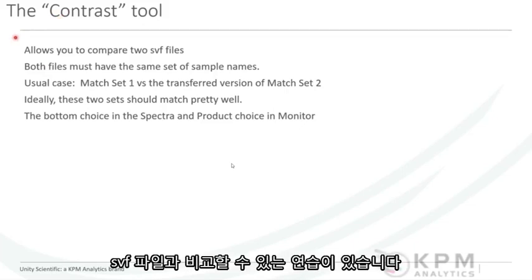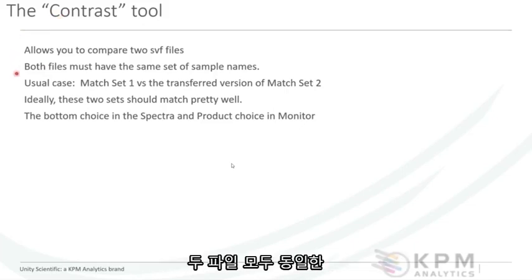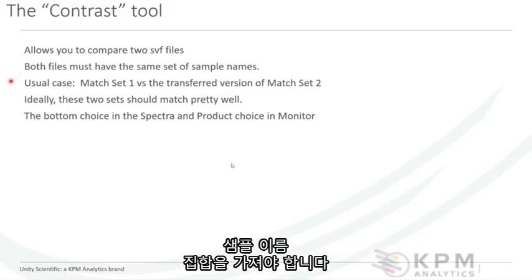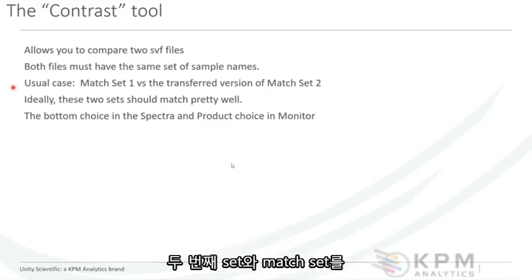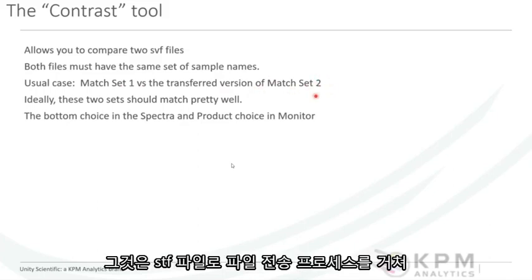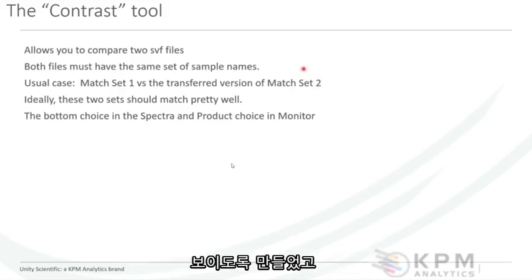There is an exercise for this, but it allows you to compare two SVF files. Both files need to have the same set of sample names. And the usual case where we use contrast is we look at a match set 1 versus the transferred version of the second one. So this would be the SVF file that's gone through the file transfer process with the STF file to make it look like number 1.